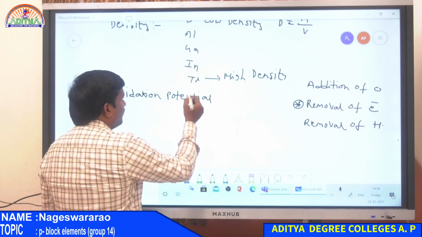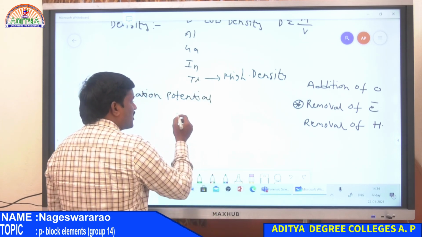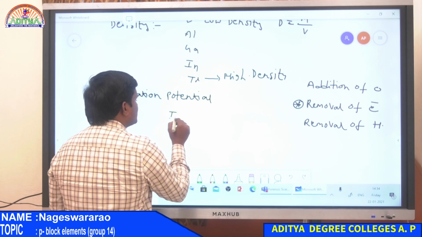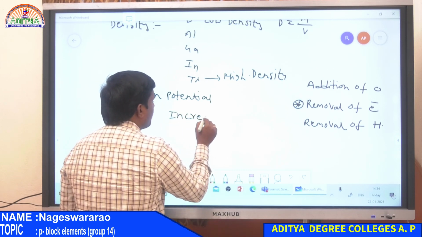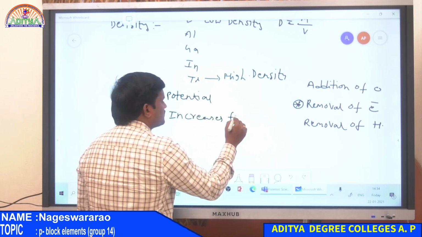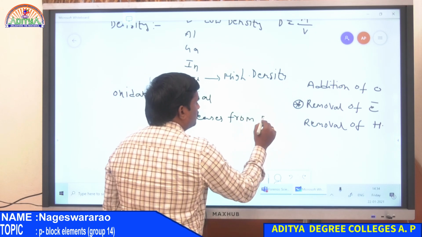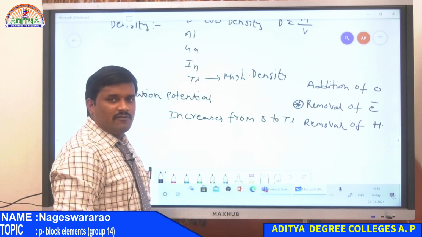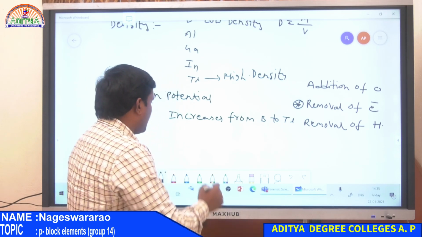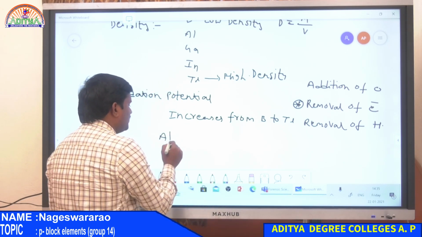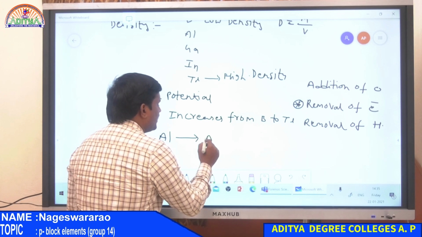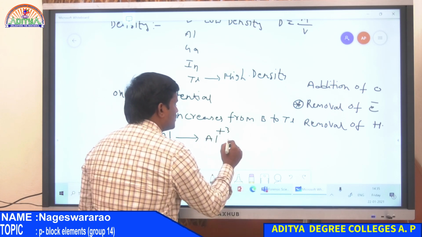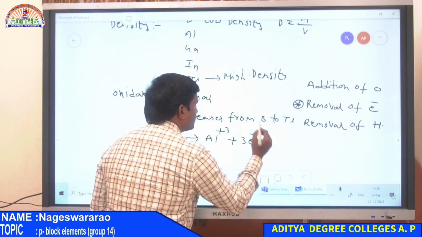So here in a group, oxidation potential value increases from top to bottom, from boron to thallium. So these have very high values, because suppose aluminum is converted into Al plus 3 electrons. What does it mean?